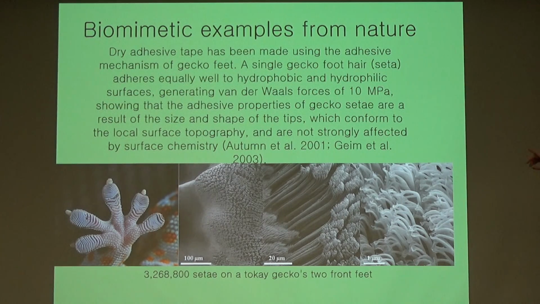If you look at the toe pads of the gecko, right down to the nanoscale, because usually when you're looking at biological organisms, you have to go down to the nanoscale to really understand the function and the adaptation, you see these tiny little nanostructures, and so the difficulty comes in trying to synthetically manufacture these kinds of structures.